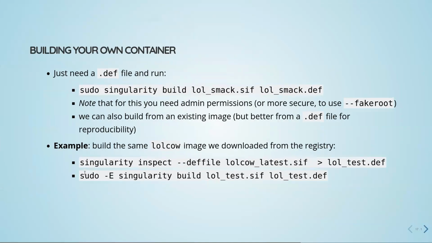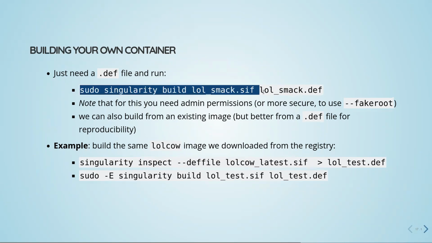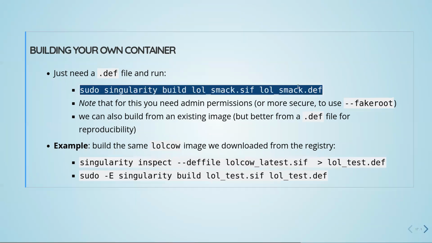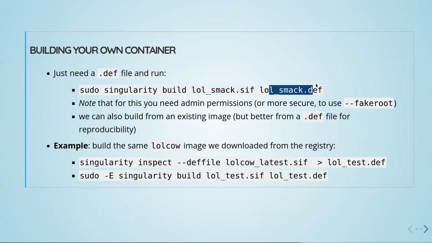If you want to build a container, you just need a definition file, and you will run something like sudo singularity build, give it the definition file, and then you will create a Singularity file. For creating the container, you need to be root.